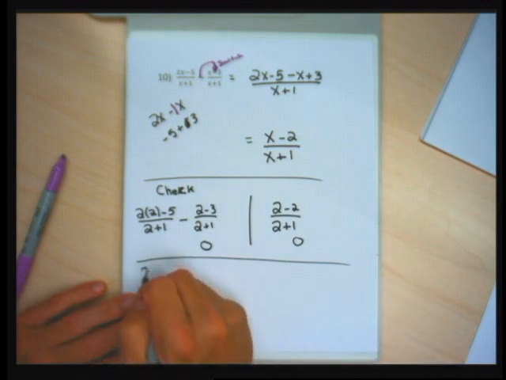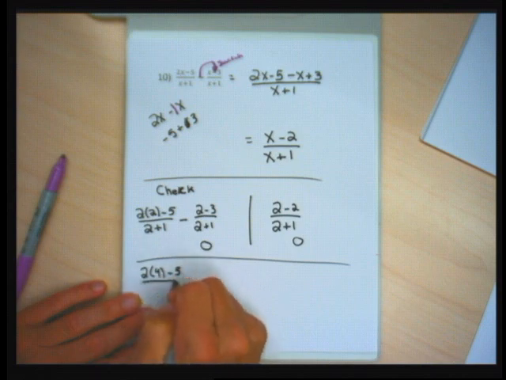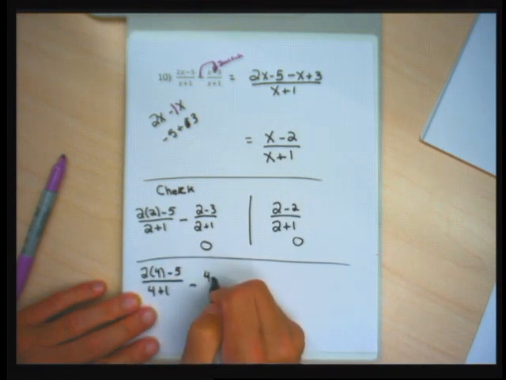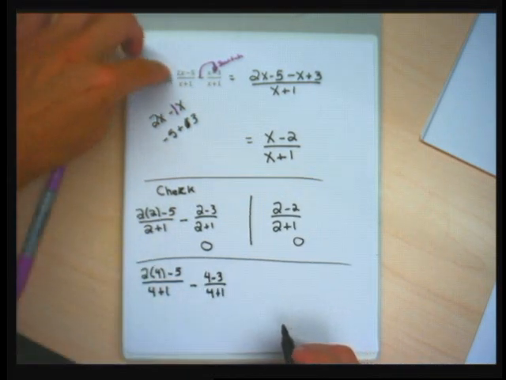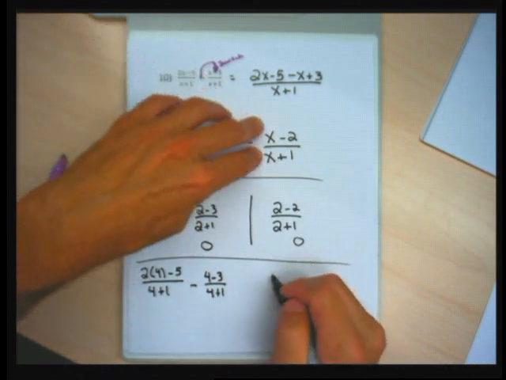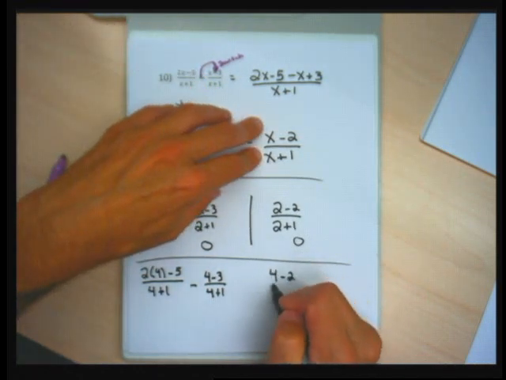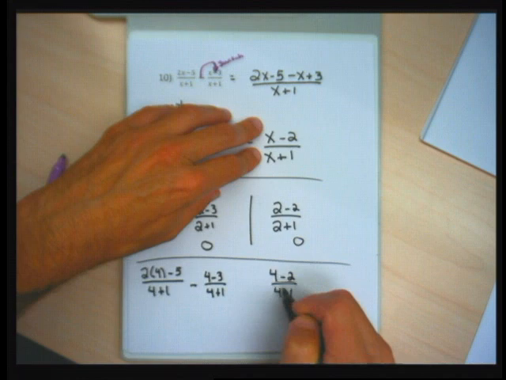Let me try to make sure it still works for 4. I'm going to go 2 times 4 minus 5 over 4 plus 1 minus 4 minus 3 over 4 plus 1 for putting 4 into the original problem, and then plugging 4 into my answer, I get 4 minus 2 over 4 plus 1.